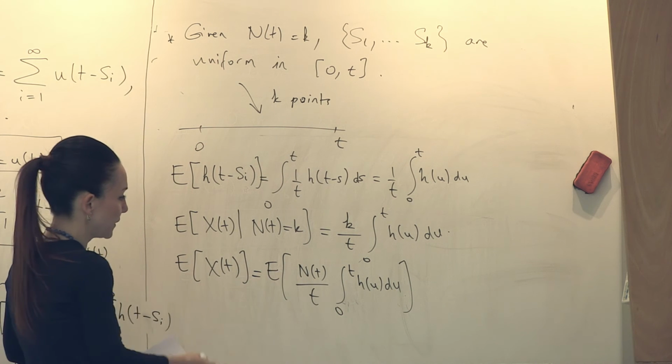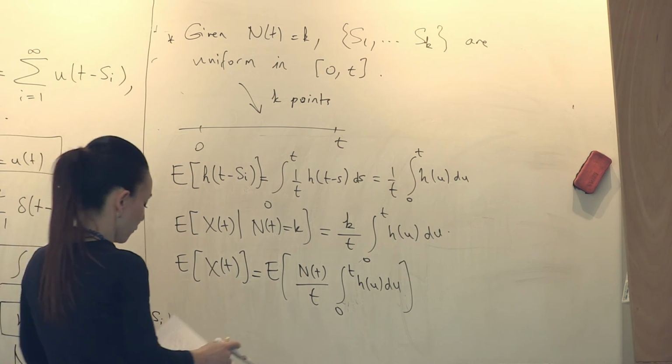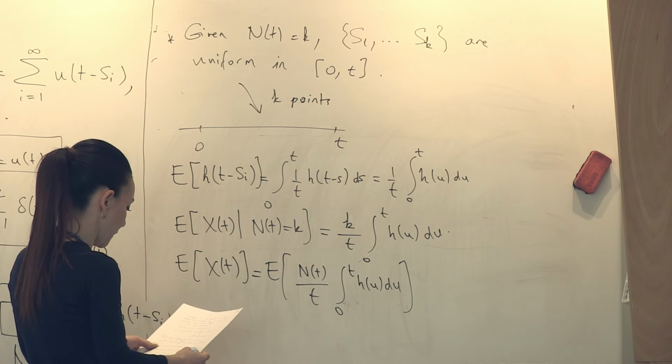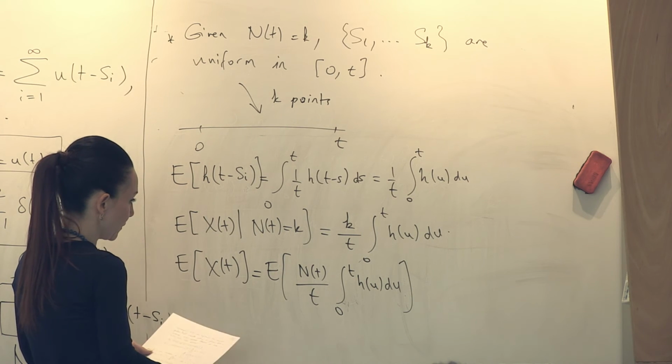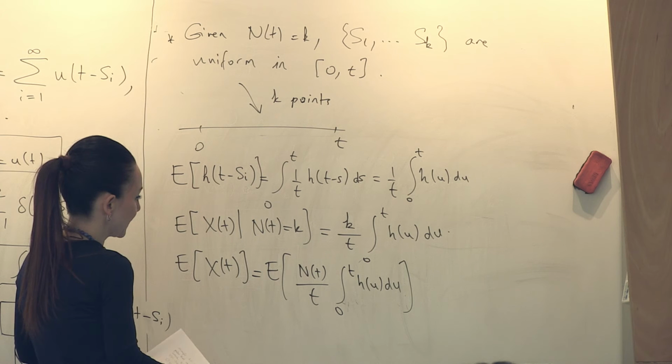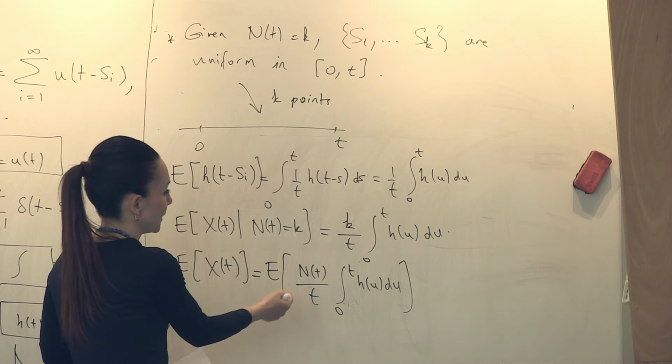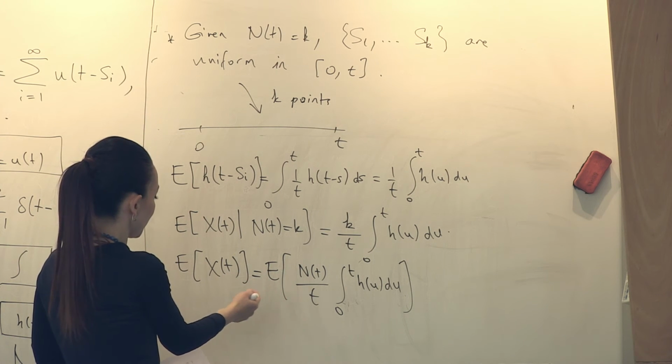Now this expectation needs to be carried out over N(t), so basically this is iterated expectation, right?